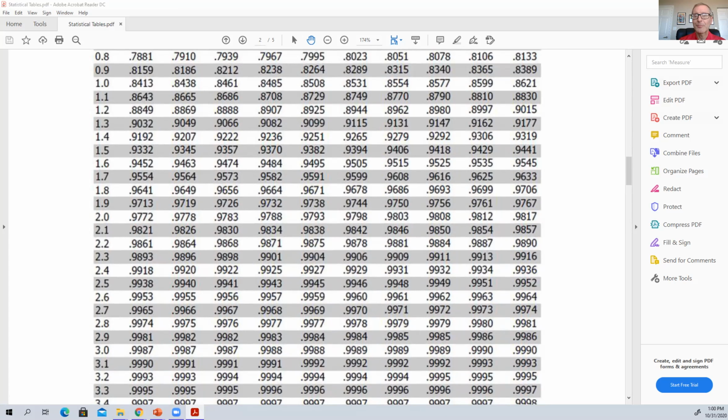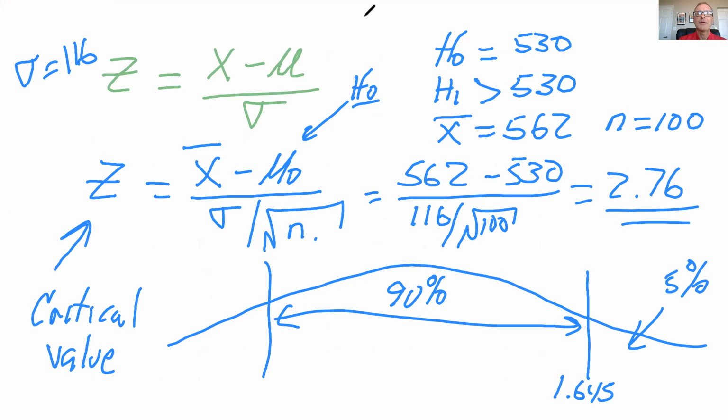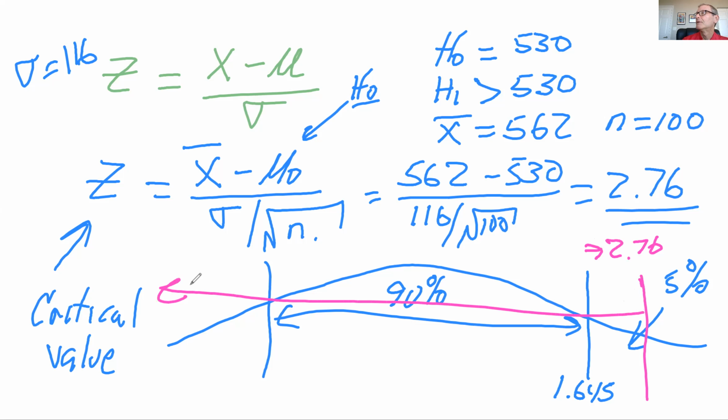Well, if we go back here, let me get a different color. Let's use this color. So this would be a z-score of 2.76. And what was that total? From the total all the way down was 0.9971.